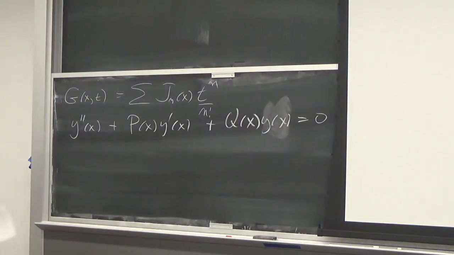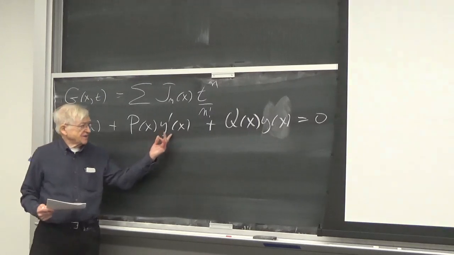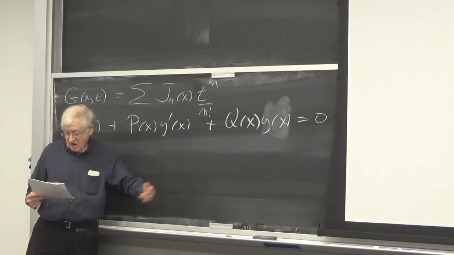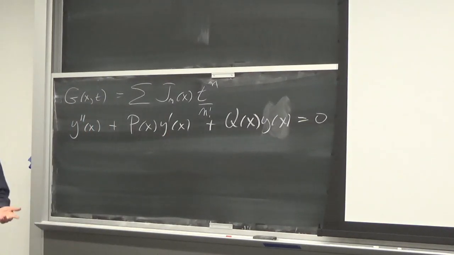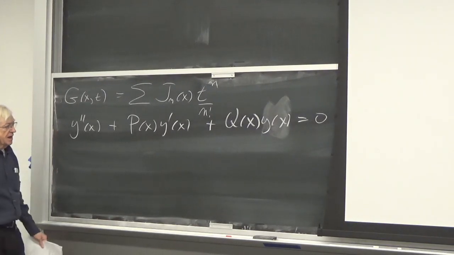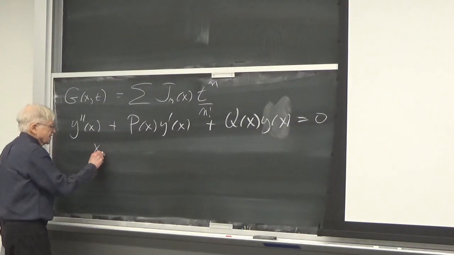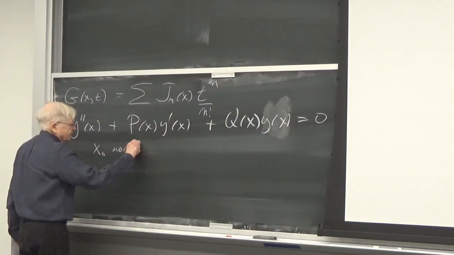So if y double prime is finite when y prime and y are finite, at some particular point, then we say that that's a regular point. So x0 is a regular point.